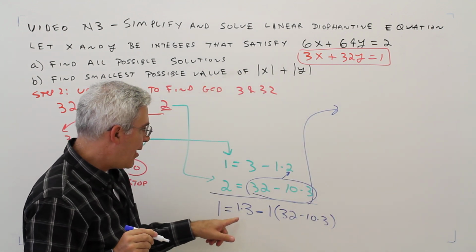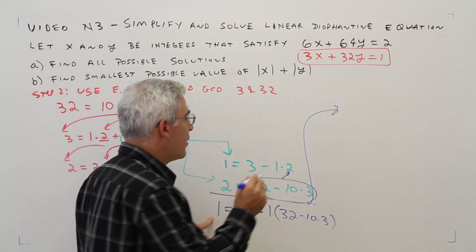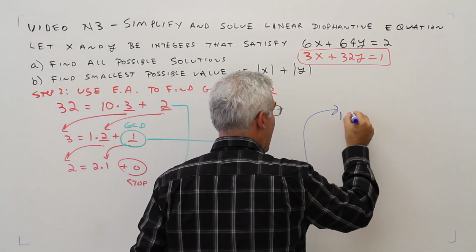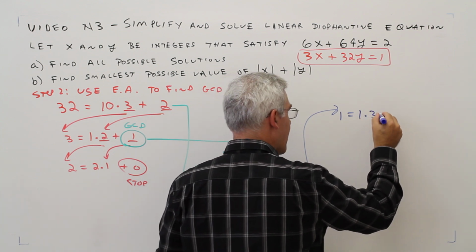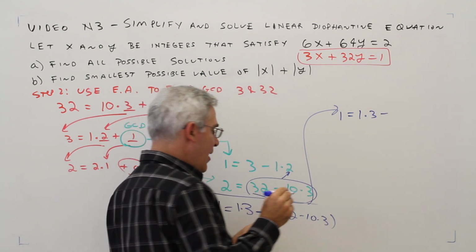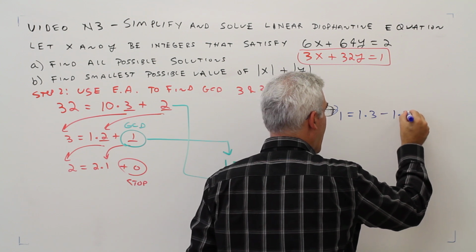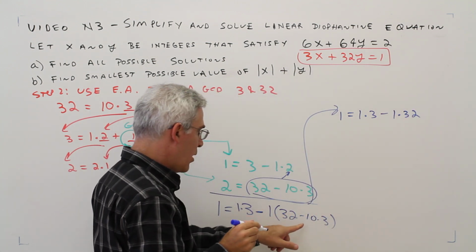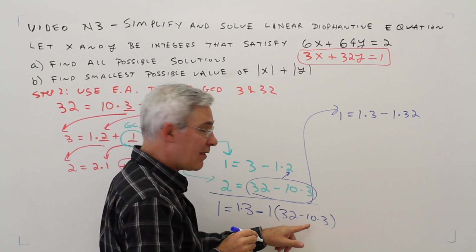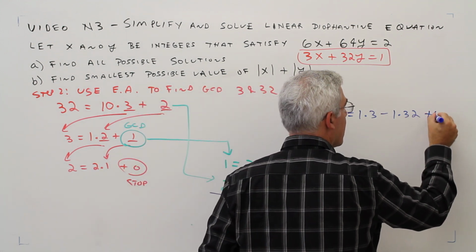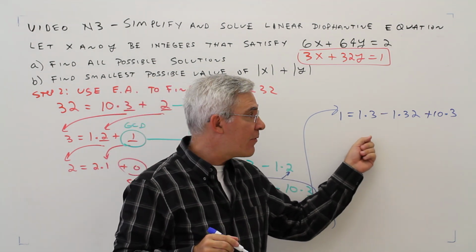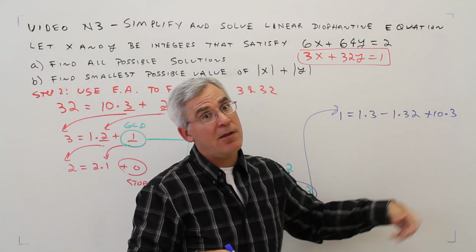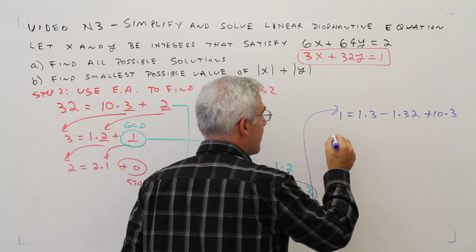So now I'm just going to distribute the 1. So 1 equals 1 times 3 minus 1 times 32 plus 10 times 3. Then I've got a 1 times 3 plus a 10 times 3 makes an 11 times 3.